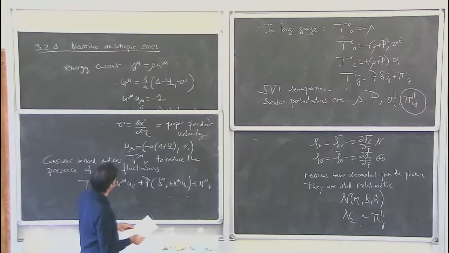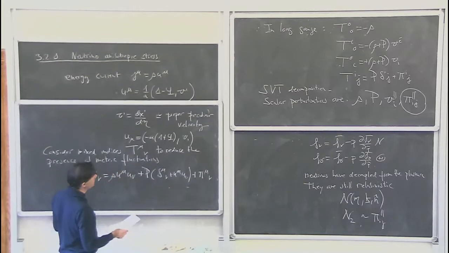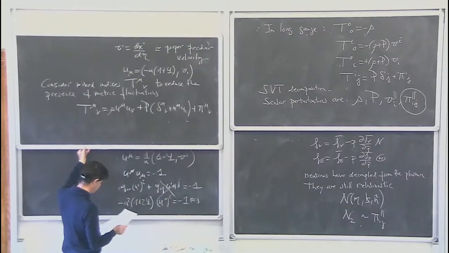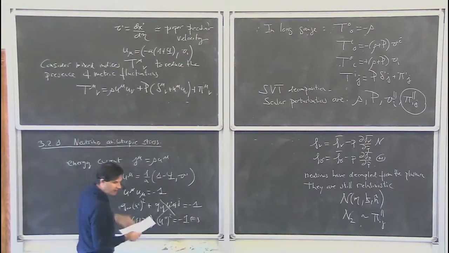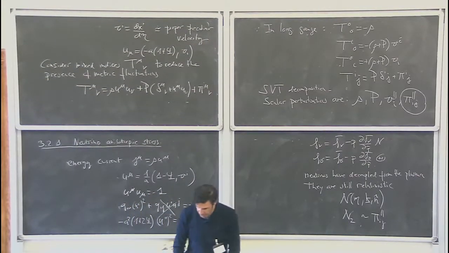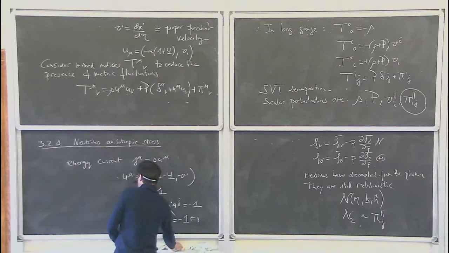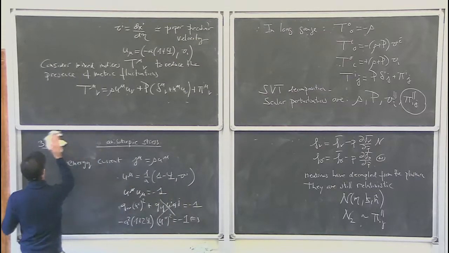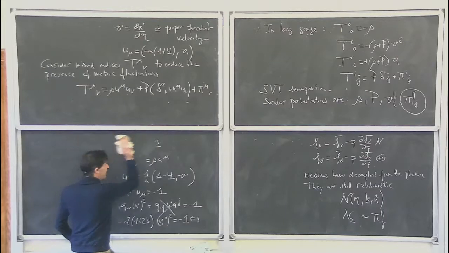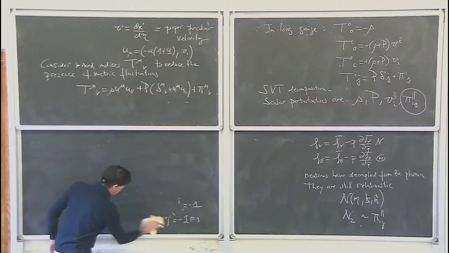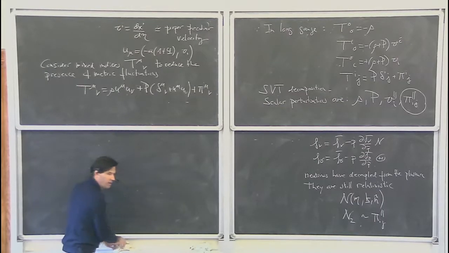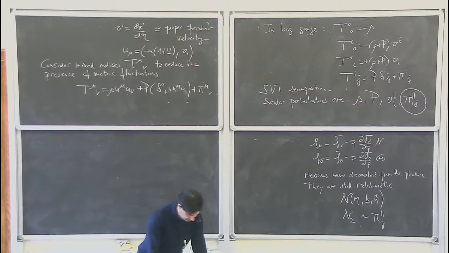So let me move here. Let's look at this scalar anisotropic stress. How do we write it down? We've seen a couple of days ago how to write down a scalar type tensor, and we do exactly the same because this is a scalar type tensor perturbation.